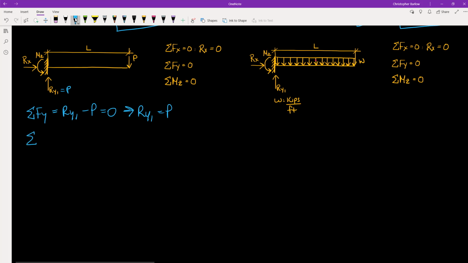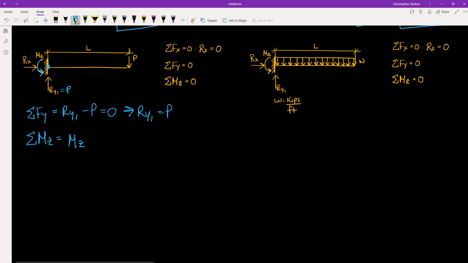So we'll take our sum of moments about the z-axis at the same location as before, at our support, and that will be equal to our reaction moment mz, which has been drawn in the counterclockwise direction, and so it will be positive.